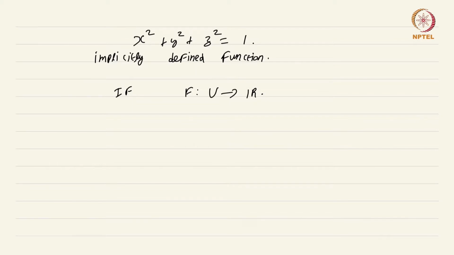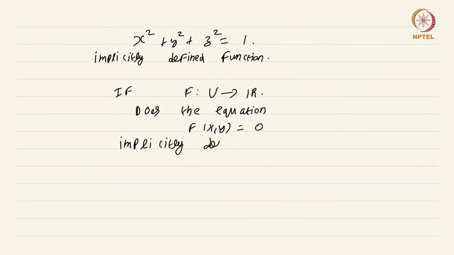We will be considering a more general scenario when we study the implicit function theorem, but for the time being, just consider the function f from U to R. Does the equation f(x,y) equal to 0 implicitly define y as a function of x, or vice versa?